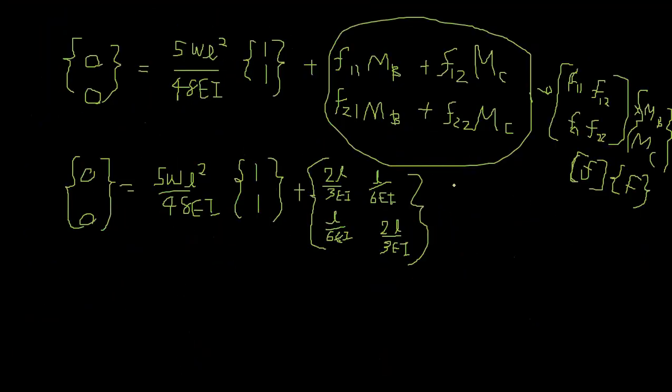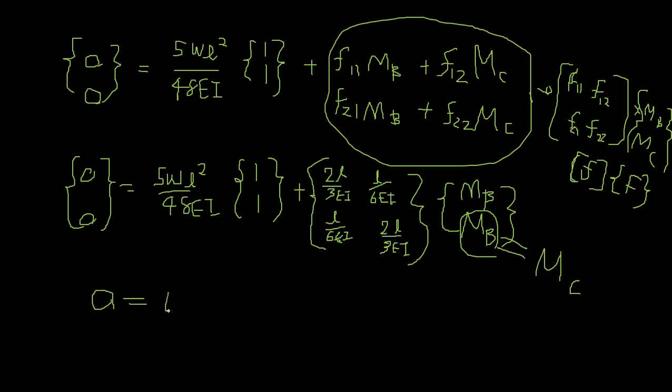So here you can just write, instead of MC, MB and MB, because MC is equal to MB. If you simplify this, you will get two equations, but both the equations are the same. So that means this is just a linear equation. You can solve it using one step. You can take this to the other side.